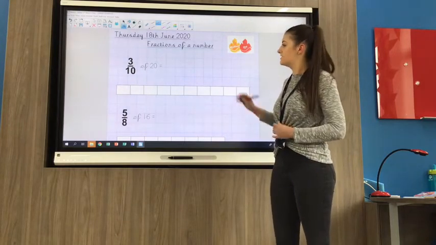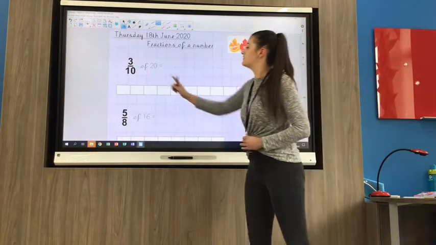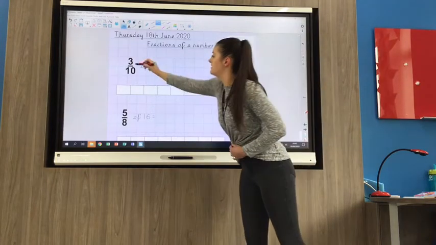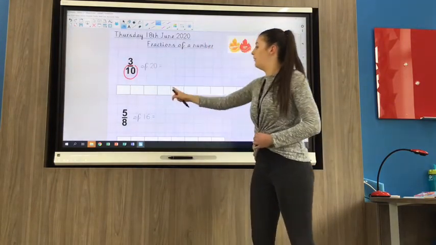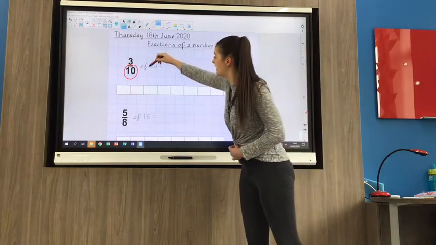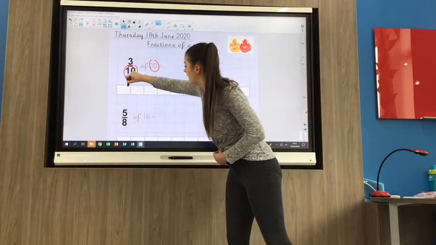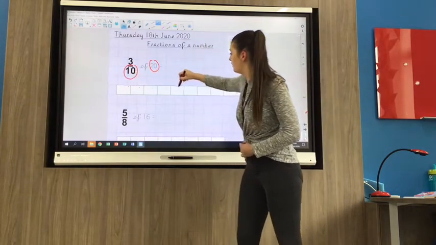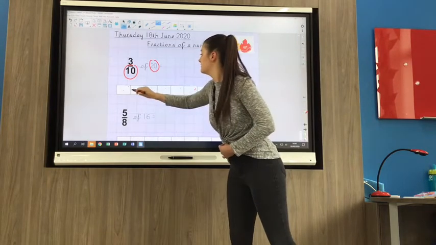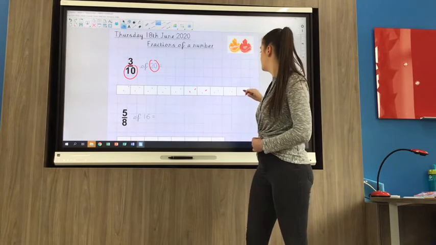In some activities you might have a blank bar model here, and it's asking you to work out 3/10 of 20. My denominator has told me how many equal parts I've got here, and I need to split and share equally the number 20 in each of these compartments. So I'm going to do little dots: 1, 2, 3, 4, 5, 6, 7, 8, 9, 10, 11, 12, 13, 14, 15, 16, 17, 18, 19, 20.